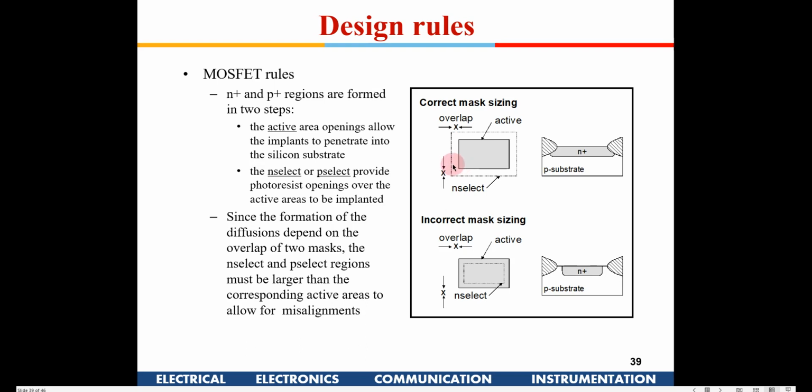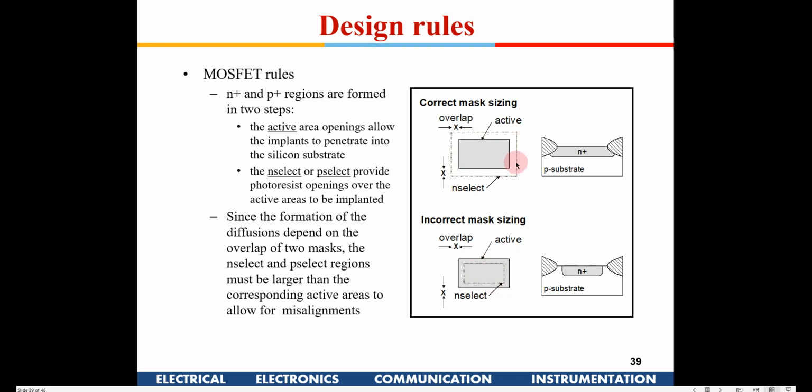We will not define the active area bigger than the mask window, expecting it to get diffused towards the end, because that will result in a low quality device. So if this is the mask cutting, then we cater for this much.